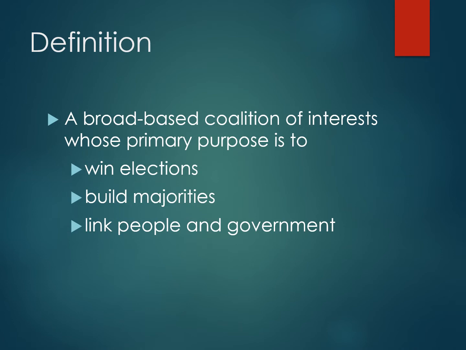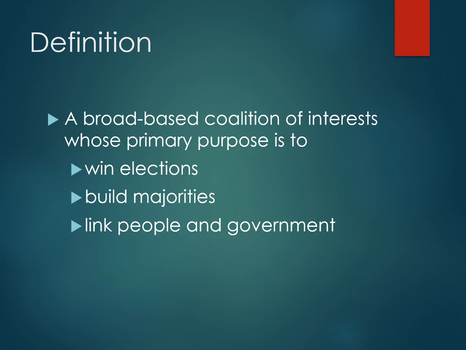They will try to build majorities. They will try to unite the people within a particular party to support the platform, to support the position of what that party represents. And they will try to link people and government. So it's we the people, this is the government of we the people, and the government is over their institutions.